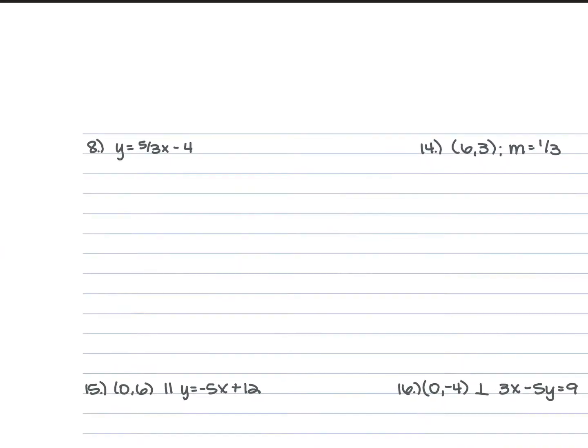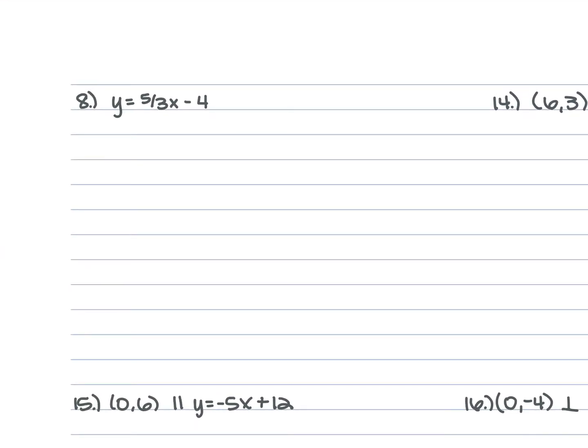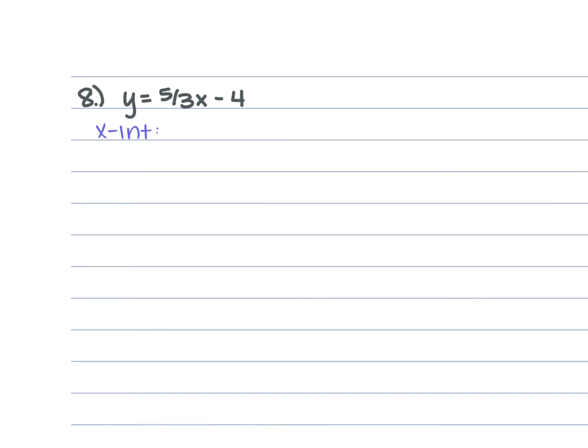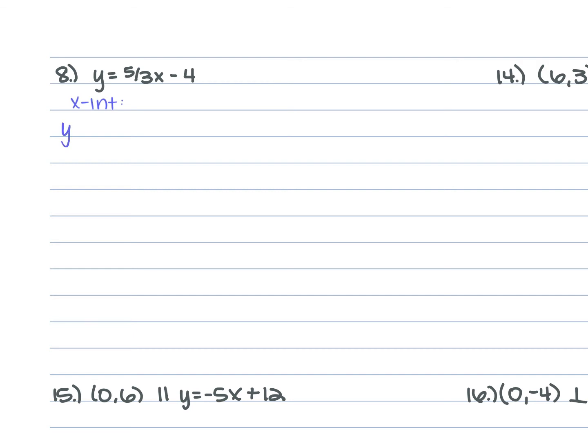For number 8, you are still finding your x and y-intercept for this one. So to find the x-intercept, we're going to plug in 0 for y. This will give us 0 is equal to 5 over 3x minus 4.